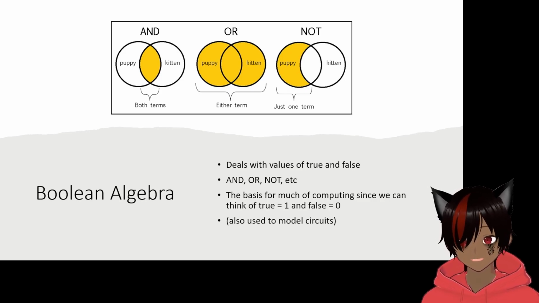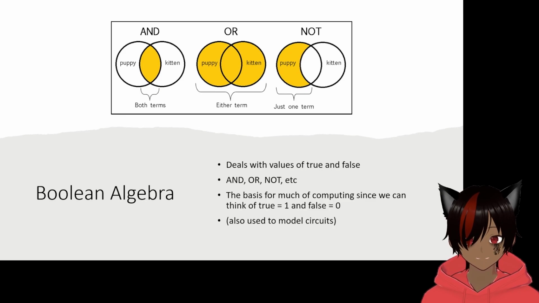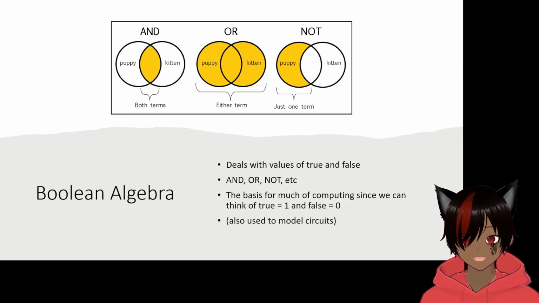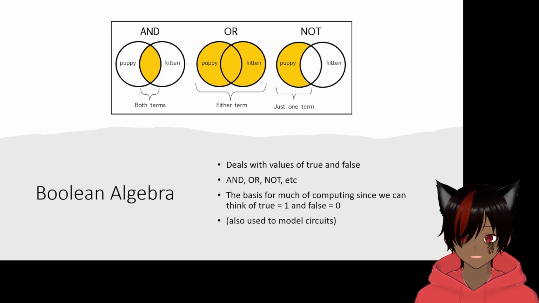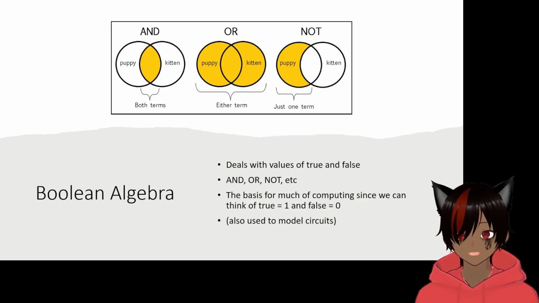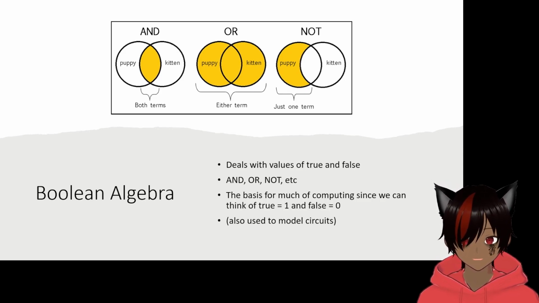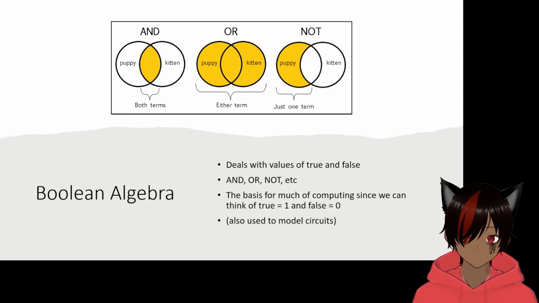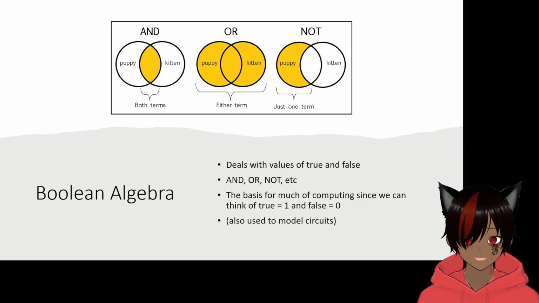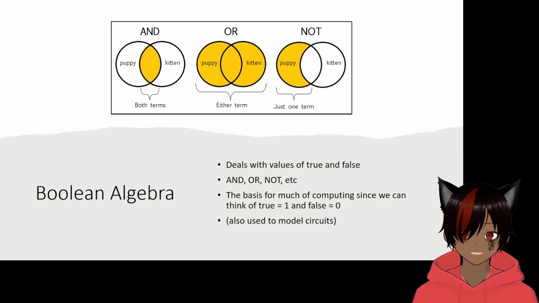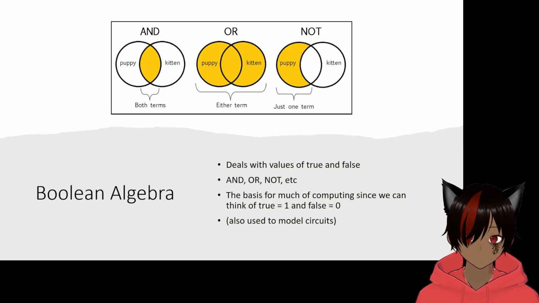You'll talk about Boolean algebra, which is a fancy way of saying algebra about values of true and false, which are really important because you can model a true or false with one bit. You can model it as ones or zeros, right? And so really, all of computing can essentially be decomposed into just these logic gates, very basic equations of Boolean algebra.